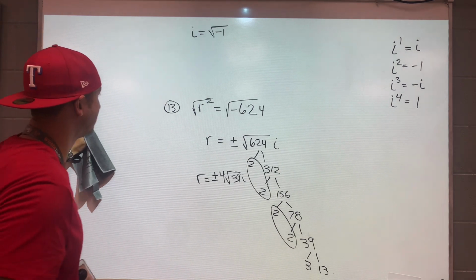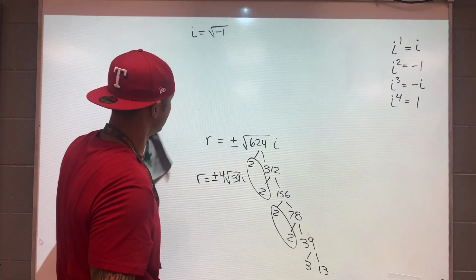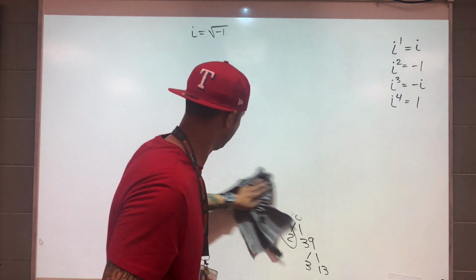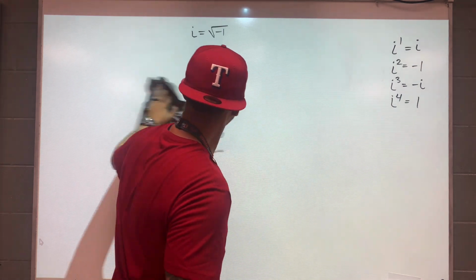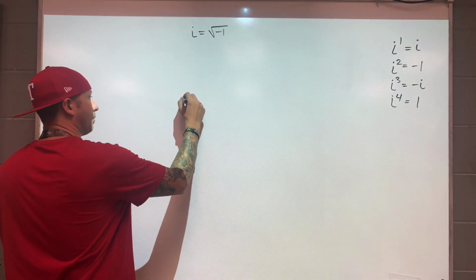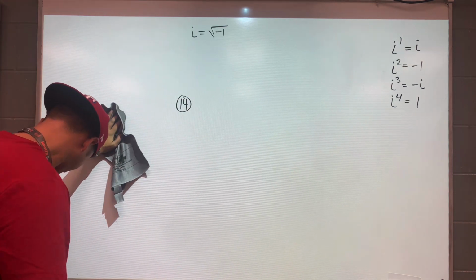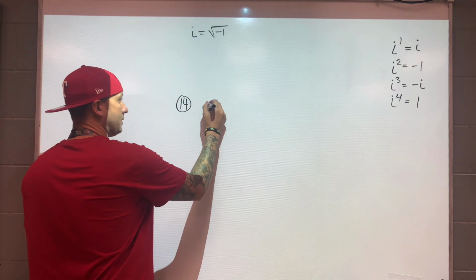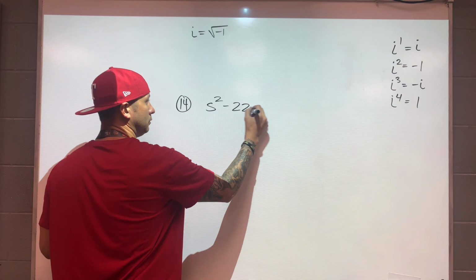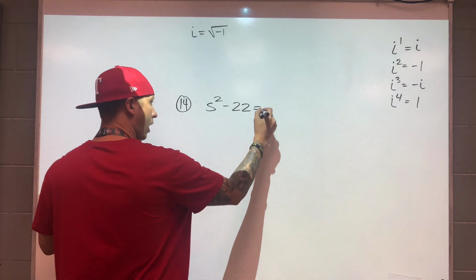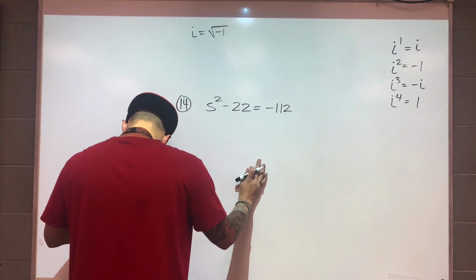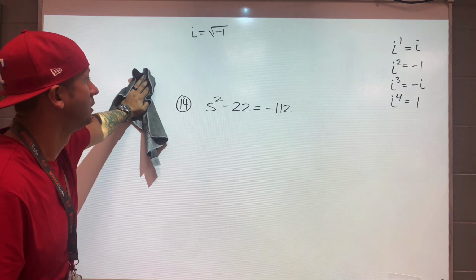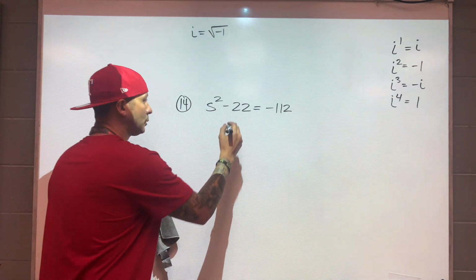All right, 14. s squared minus 22 equals negative 112. All right, I'm going to add 22 to both sides.